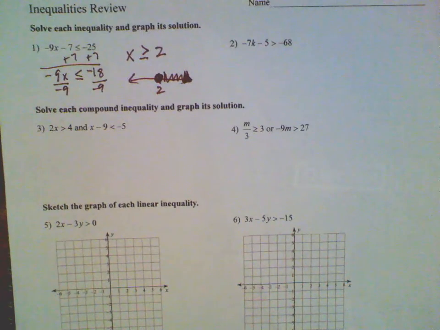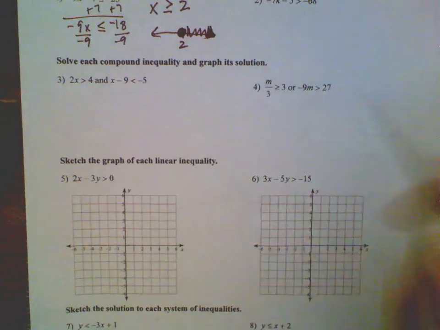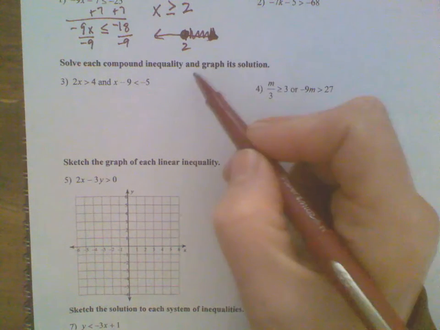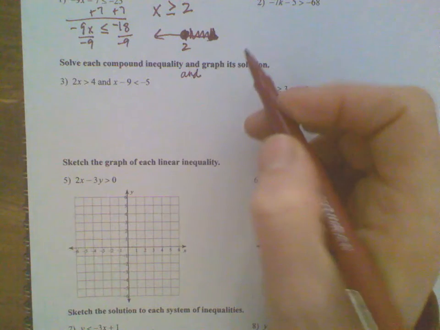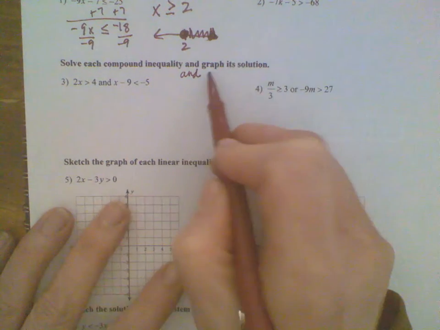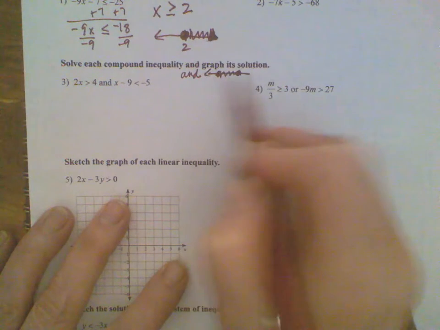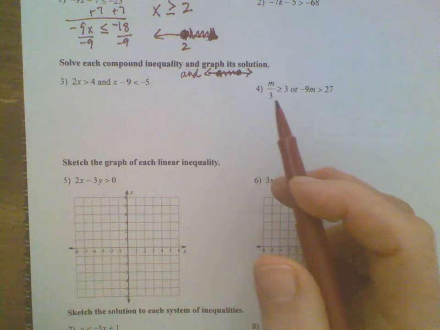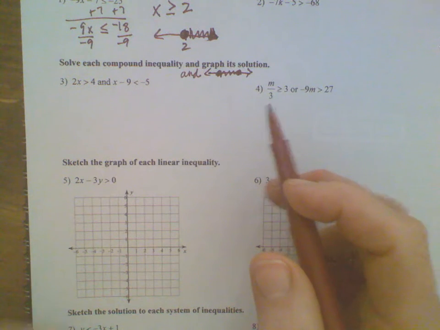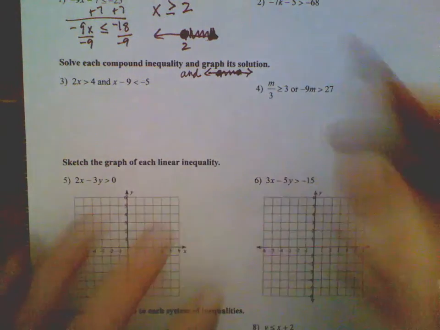Okay, so then we also had some ands and ors, and I don't know if you remember these, but I do want to refresh. Typically, now this isn't always, but typically with and, you'll end up with the shading in between. And means overlap. There are scenarios where you don't end up with that, but usually when we solve these, the and is going to go together.